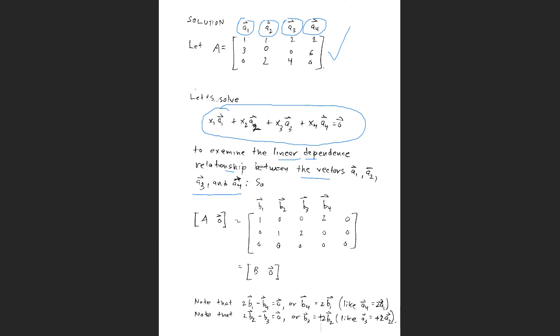Now, we were able to observe the linear dependence relationships and write them out just by observation, and we just had 4 vectors. But what if you had 100 vectors, or 10 vectors? We need a little bit more formal way to help us.